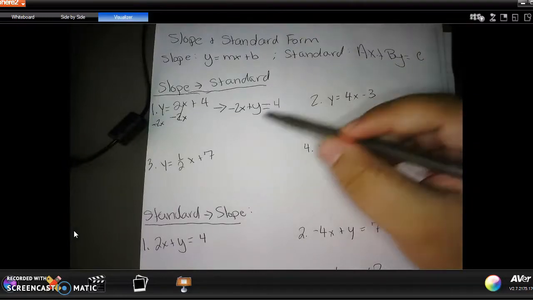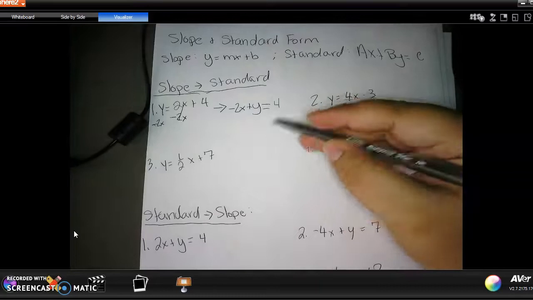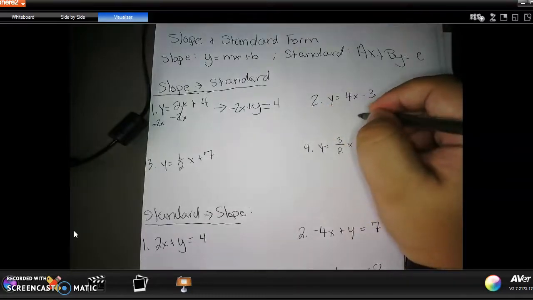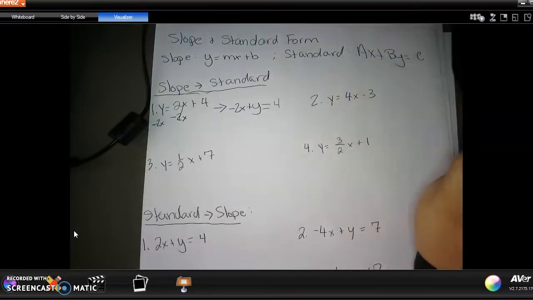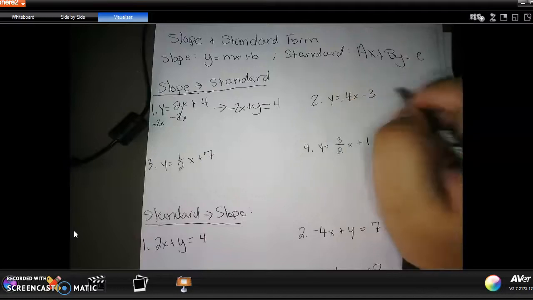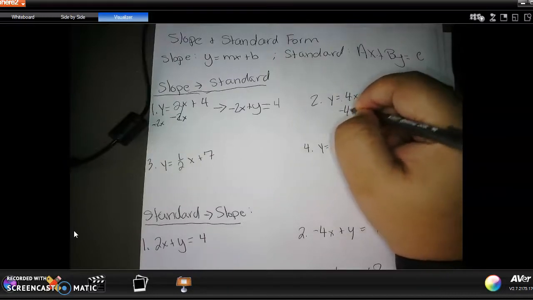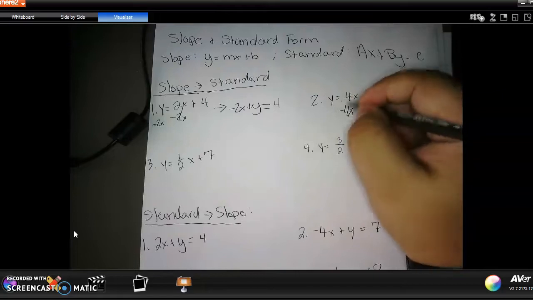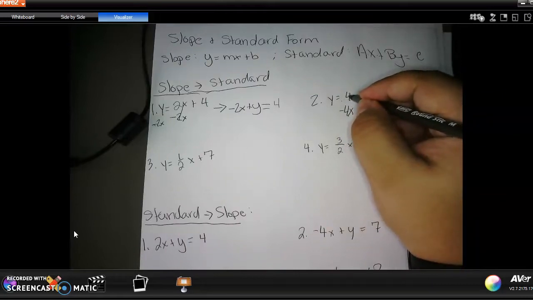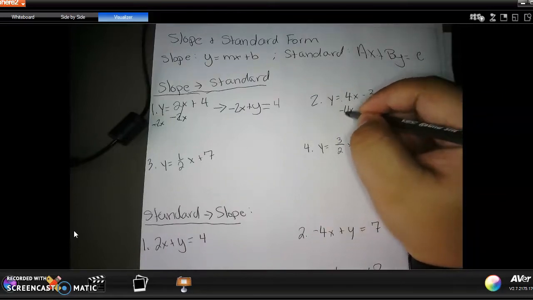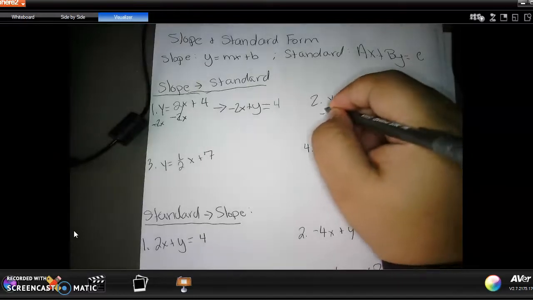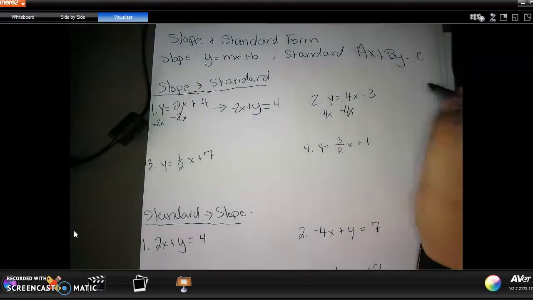This one is going to be pretty similar to this one. So you notice in the last problem we just subtracted 2x. Well, in this one we have a 4x, and this 4x is also positive. So we would subtract 4x. Remember, we have to do the opposite to get rid of this number. So the opposite of positive 4x is negative 4x. You do the same thing over here, minus 4x.